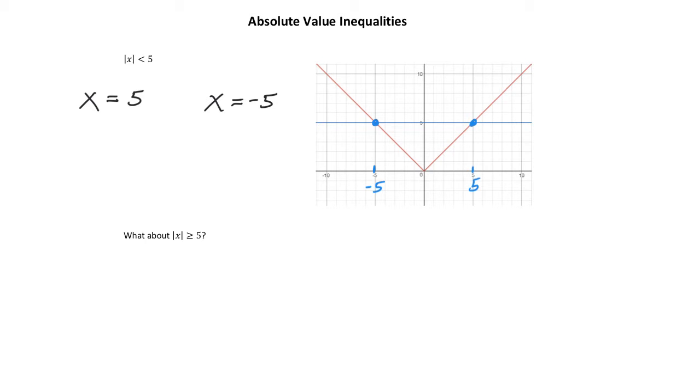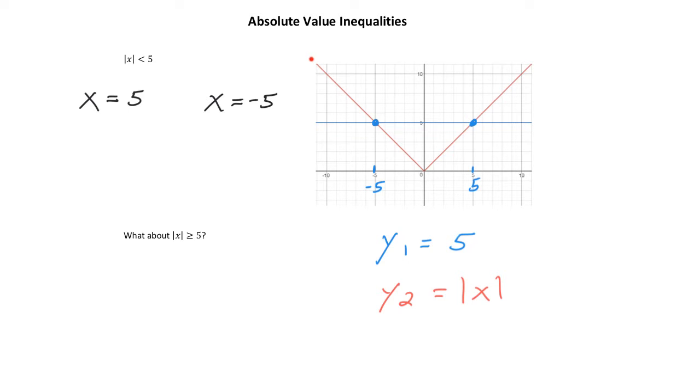So what I'm looking for in my graph is, where's the absolute value lower than 5? Again, the way I graphed this in Desmos was for y1, my first equation, I just put in 5. And then for y2, this one in red, I put in the absolute value of x.